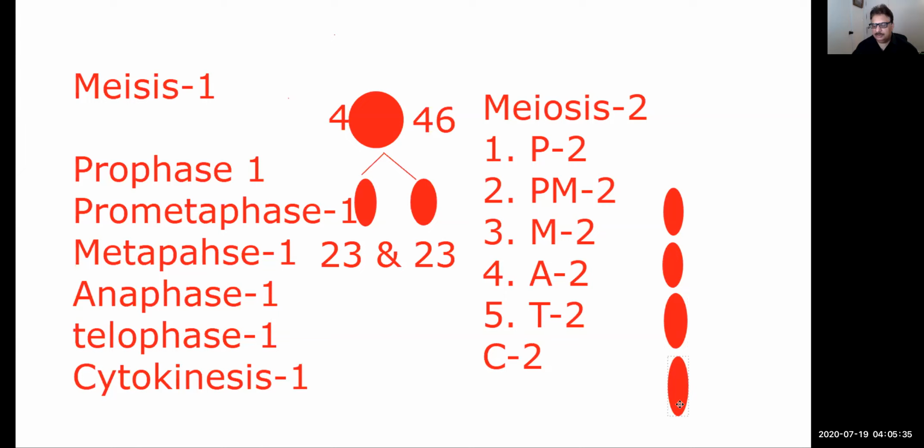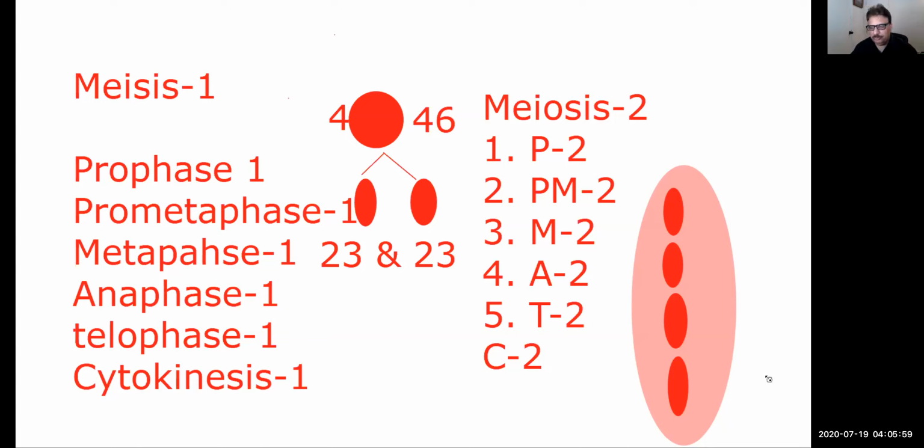So now, one more difference to add. In mitosis, we get the formation of 2 cells. But in meiosis, we get the formation of 4 cells, right? So mitosis gives rise to 2 cells. Meiosis, because of meiosis 1 and meiosis 2, gives rise to 4 cells.